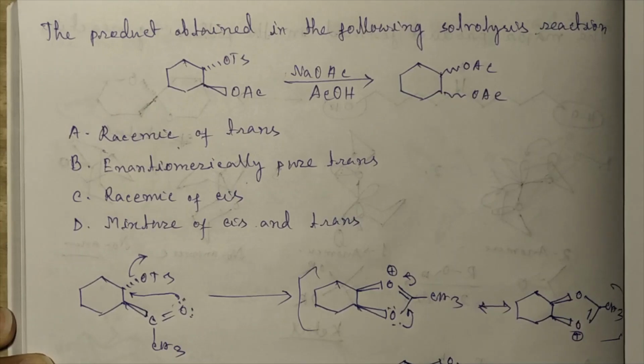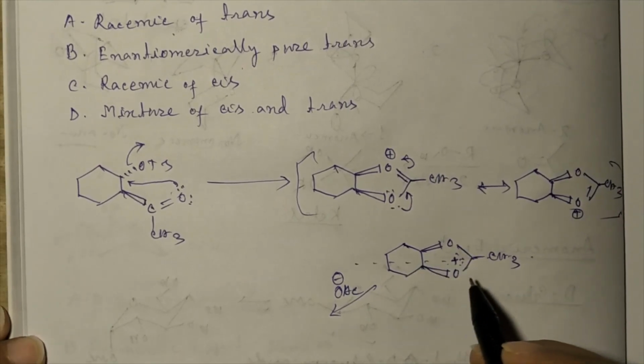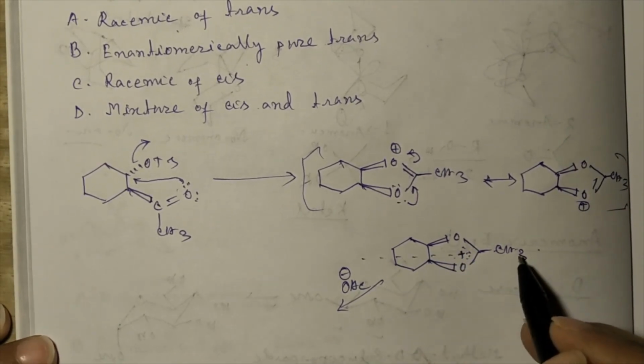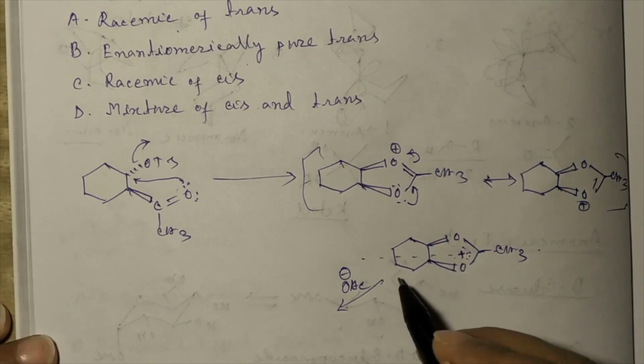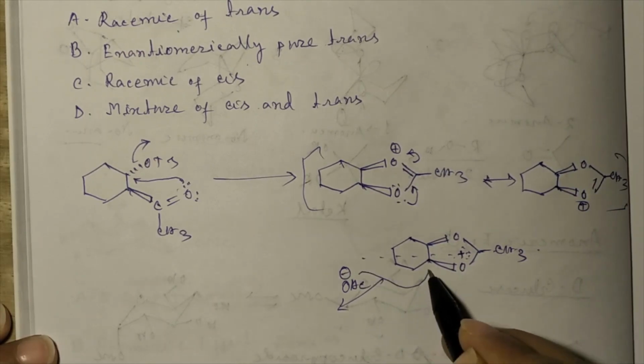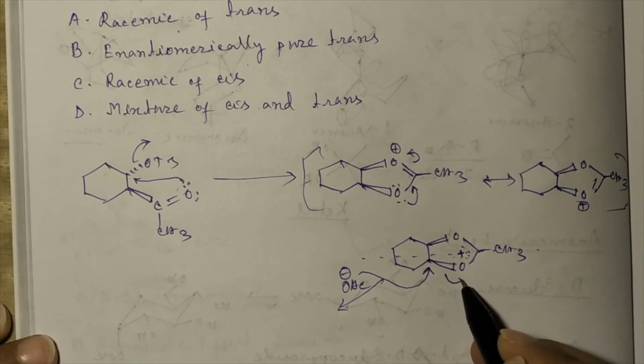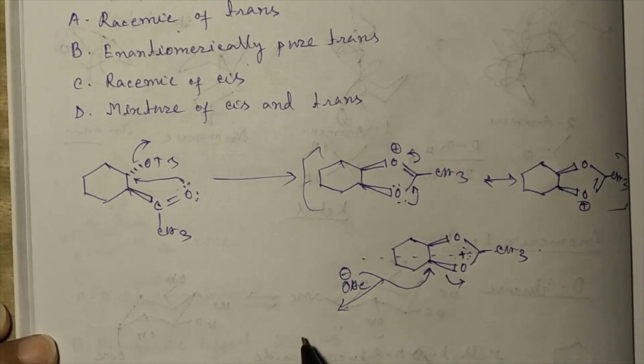This intermediate has a plane of symmetry along this plane. So this is the resonance hybrid. Now from this intermediate, if OAc attacks from this side, then this bond will open and the product will be here OAc below and here OAc above.